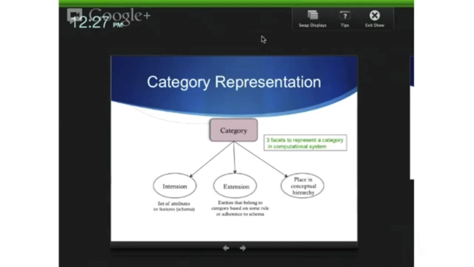So these three facets represent a category's identity in our contemporary systems. But I argue that they are not enough to explain the existence of a category or the complete meaning associated with the category. I'll explain that with the birth and evolution of a category.